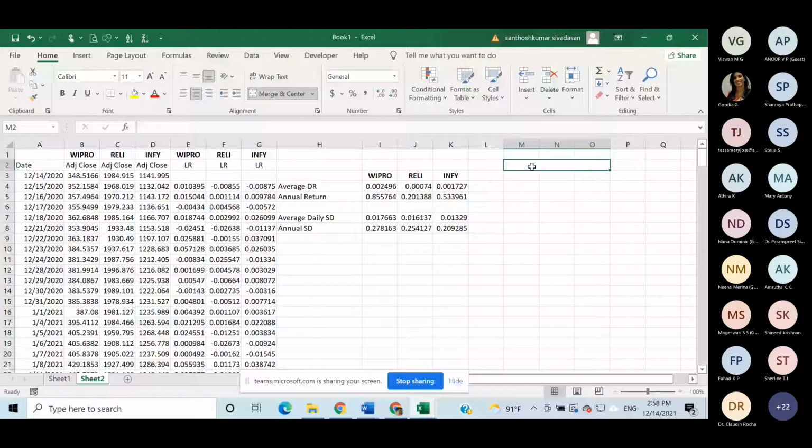So I'm talking about a portfolio. Hope you have done up to this point. If not, I will wait for you, because now we are moving to the computation of portfolio return and portfolio risk.